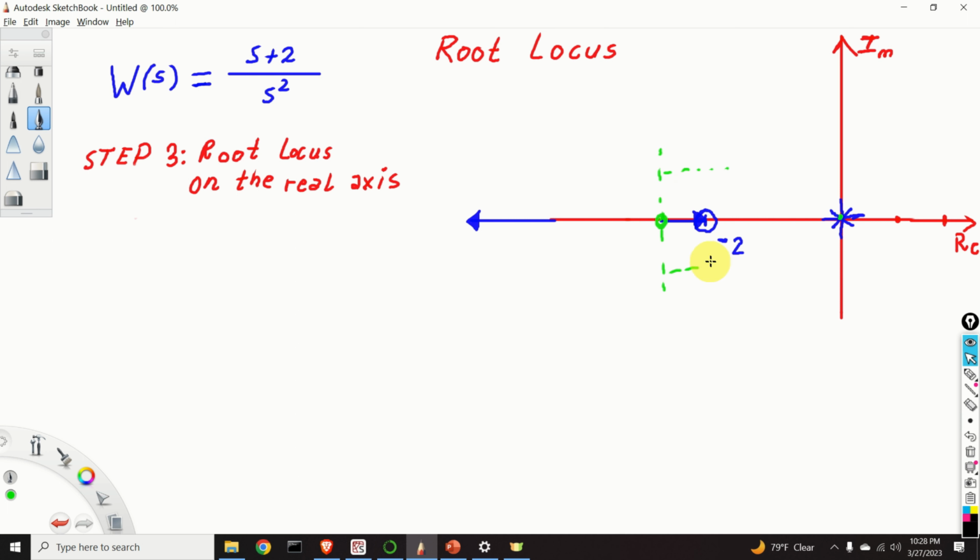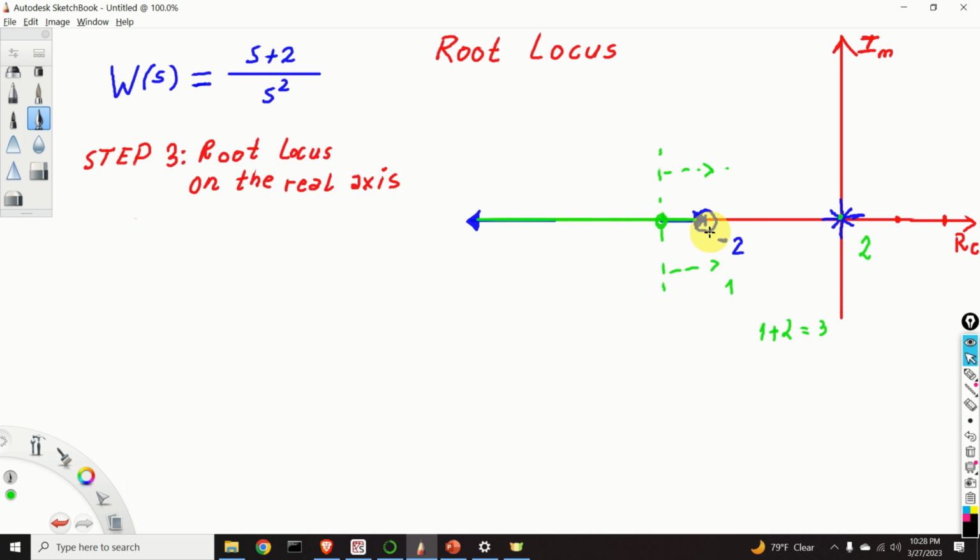Is the sum of poles and zeros, right from this point, an odd number? It is, because we have 2 poles over here and we have 1 pole over here. 1 plus 2 is equal to 3, and consequently this is an odd number, meaning that this complete segment over here on the real axis belongs to the root locus.